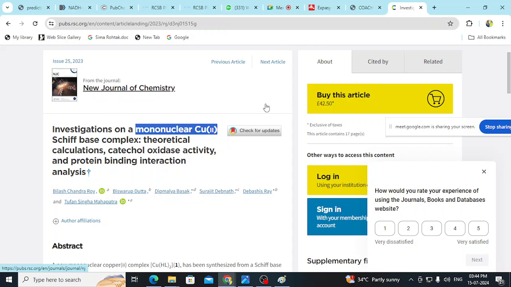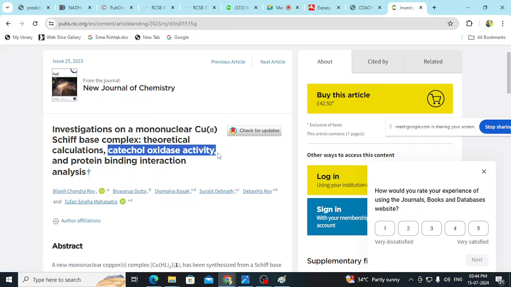So what will be the biological property? The biological property is catechol oxidase activity. Why is this oxidase activity there? Because copper has a variable valency. If it is already in the oxidized state, the valency will be 2, that is cupric, or it can even be a reduced form, that is cuprous.